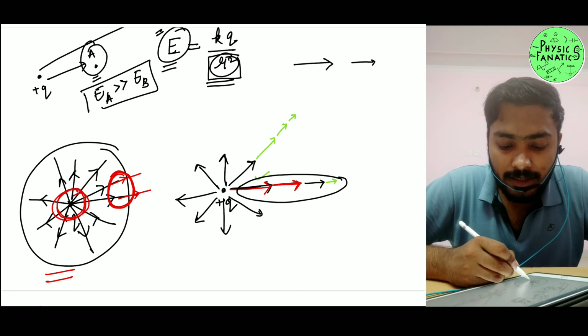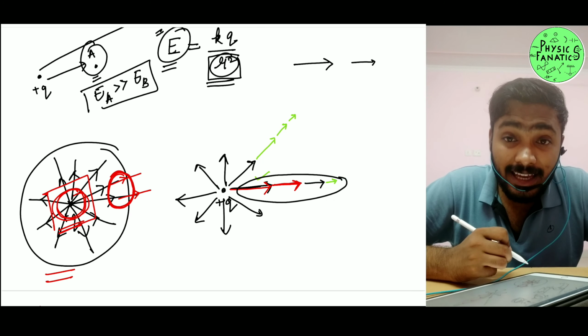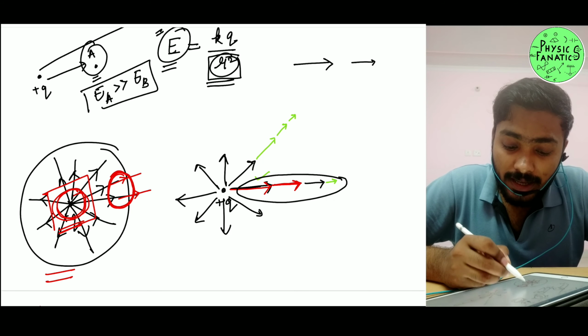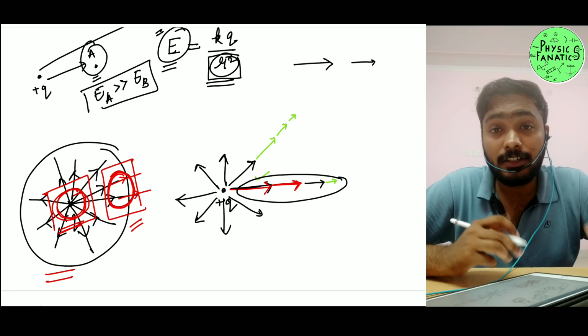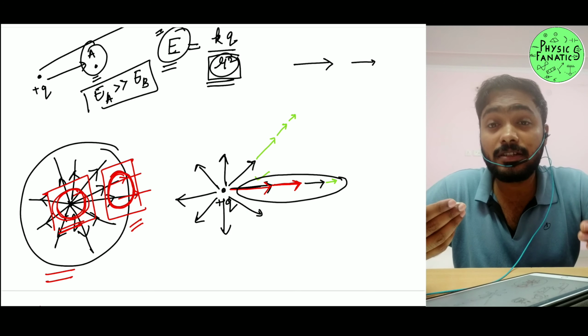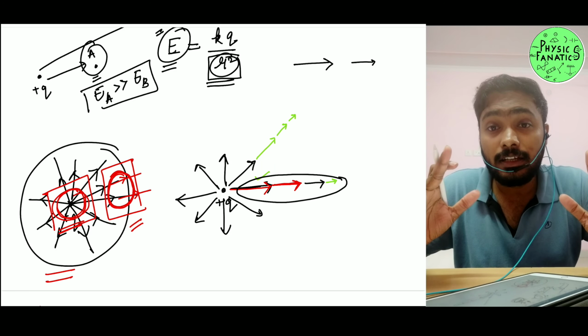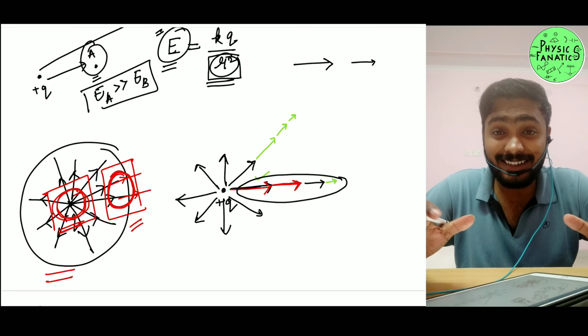So it accurately tells you that the electric field density at the center is more as compared to this place. The information is still there, but the interpretation is different. I hope you understand that.